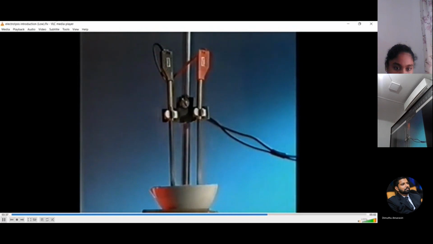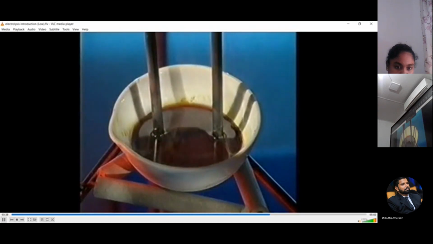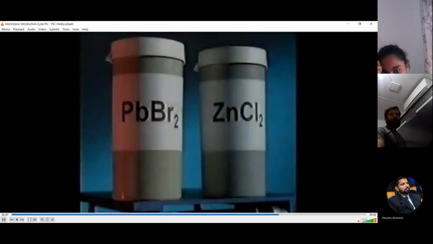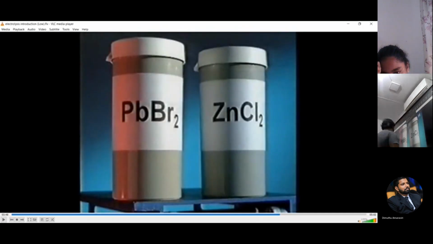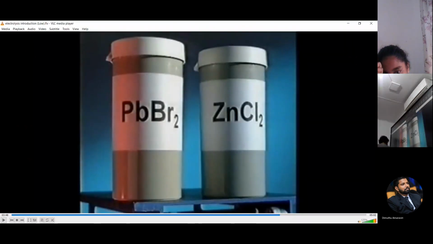Electrolysis of lead bromide only works when the compound is molten. Why doesn't it work when the compound is solid? All right. So you go to the next page and do the activity.